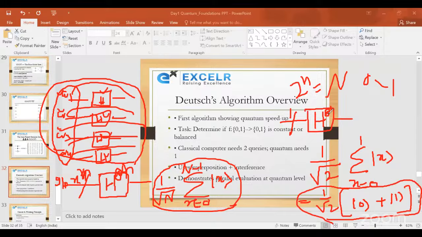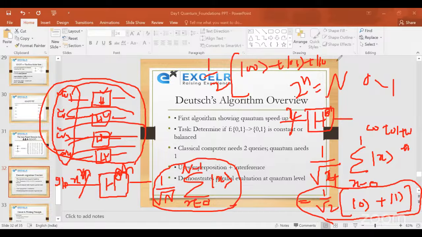So that means now if we include order 2, order 3, we will increase it here: 1 by root 4 like this, and the output will be 00 plus 01 plus 10 plus 11. All those states will be included here. That is 1 by 2, ket 00 plus ket 01 plus ket 10 plus ket 11.